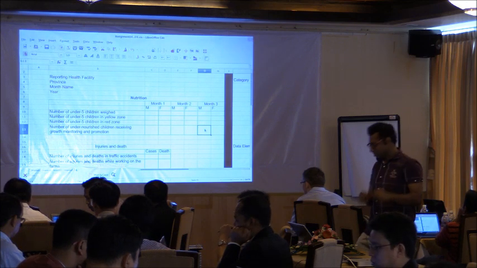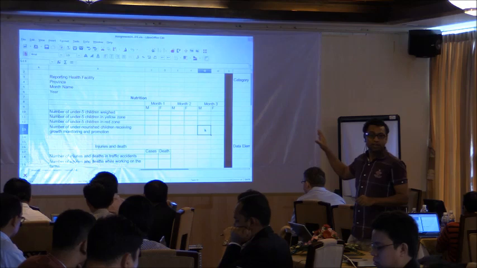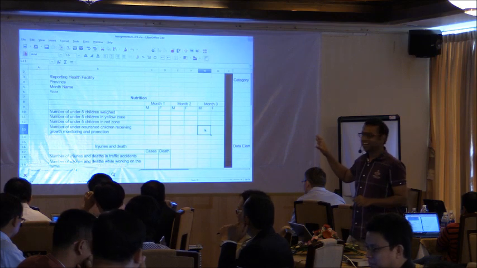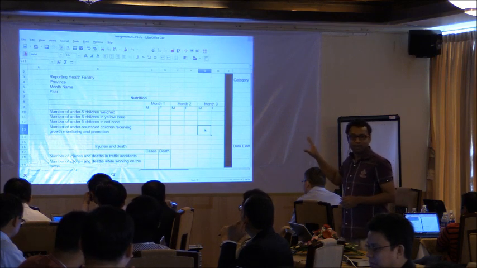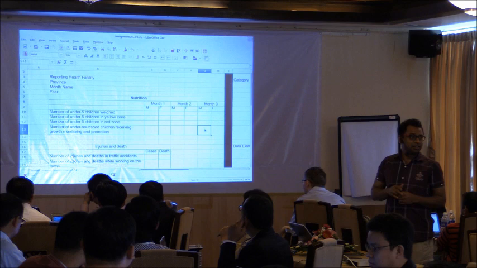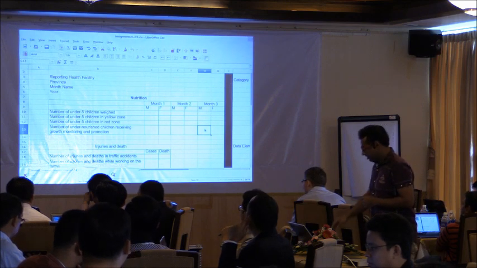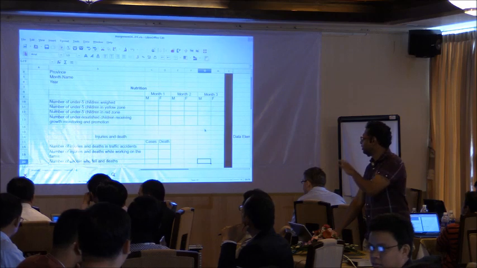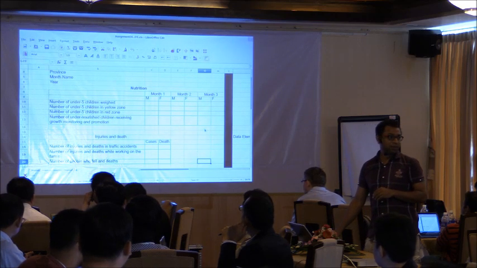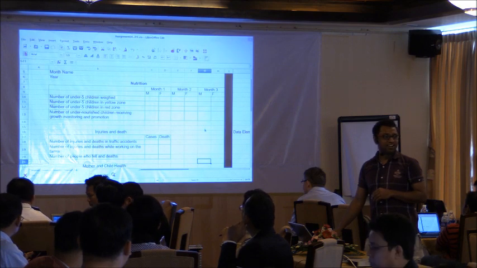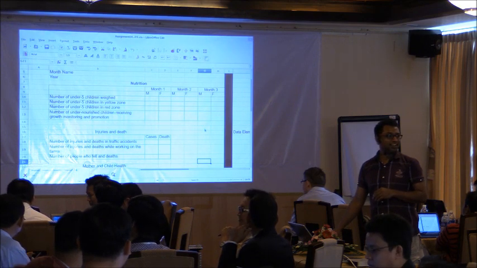And this form, where is it from? Assignment 1 is Laos, this form. We have people here, right? All these data elements are from that particular place. Myanmar. It's not?